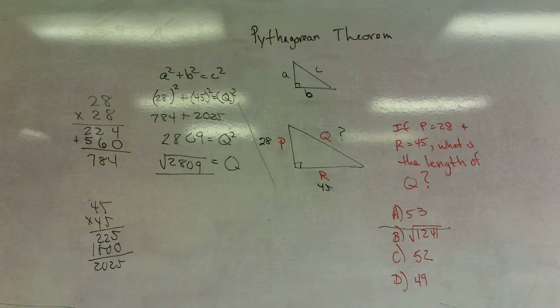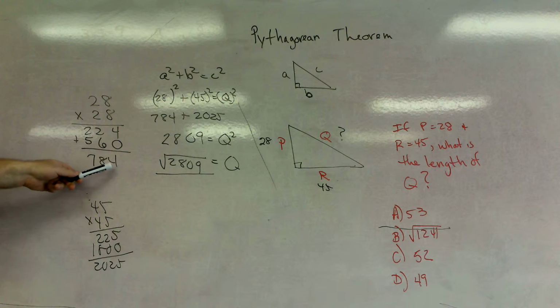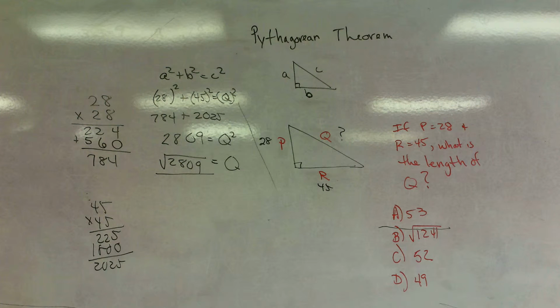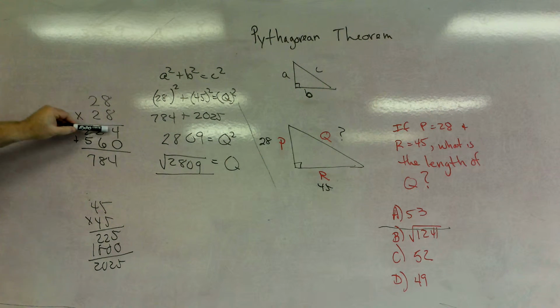And what we're going to use is the fact that when I multiply a number twice, the very first digit, the ones column digit, is a result of the first multiplication. 8 times 8 is 64, carry the 6, so that's a 4. 64 means that the ones place has to be a 4.